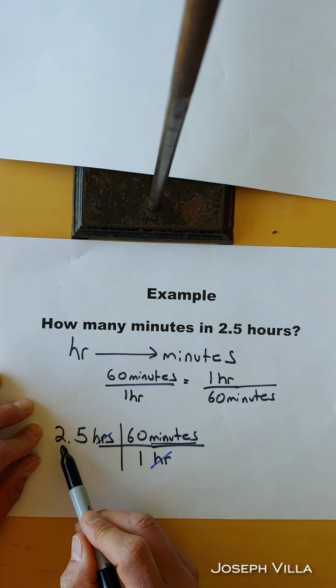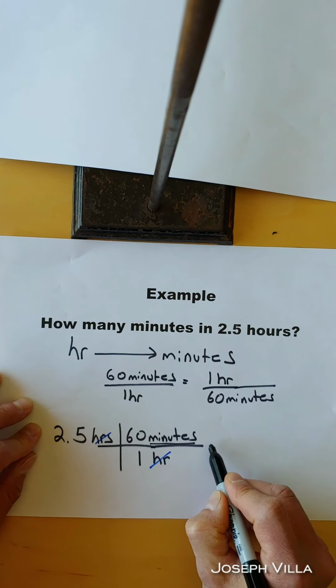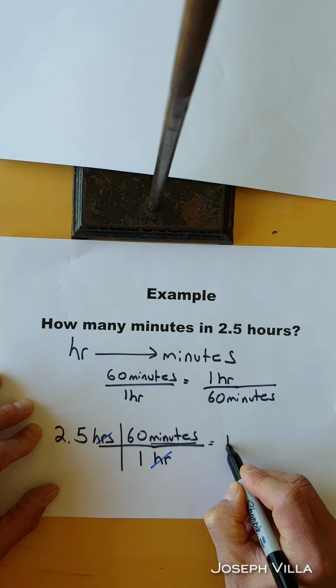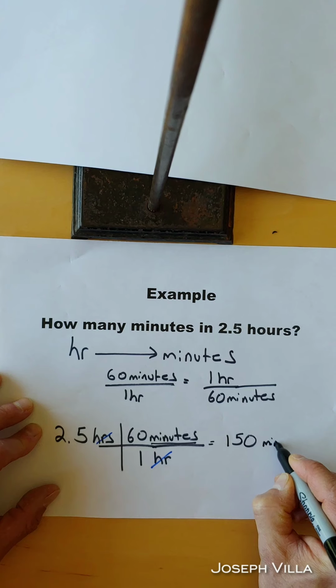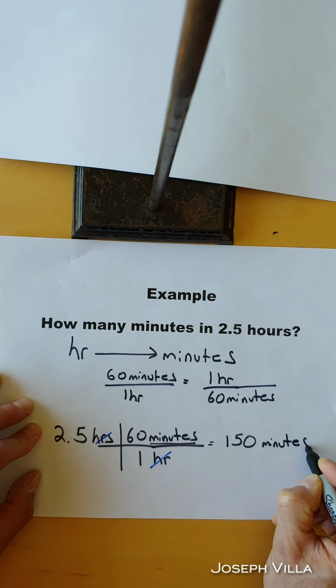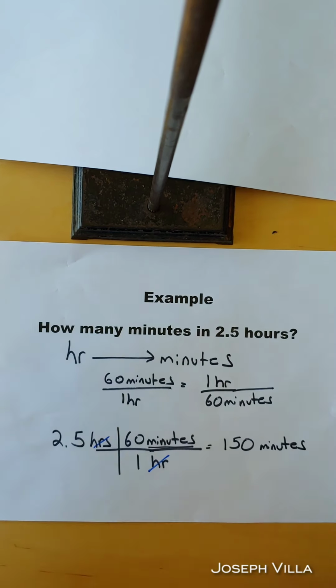Now I do the math: 2.5 times 60 divided by 1 is equal to 150 minutes. There's my answer. 2.5 hours is the equivalent of 150 minutes.